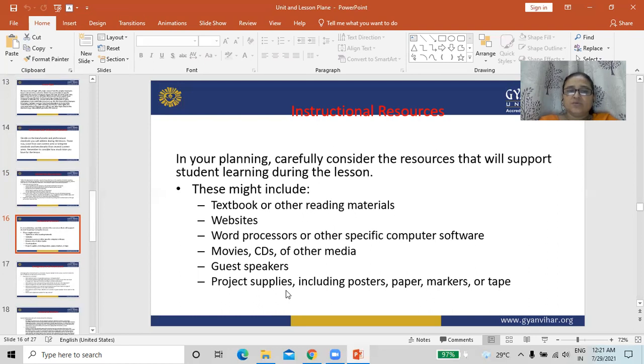These might include textbooks or other reading materials, websites, word processors or other specific computer software, movies, CDs or other media, guest speakers, and project supplies, including poster paper, markers, or tape. So these are the instructional resources.